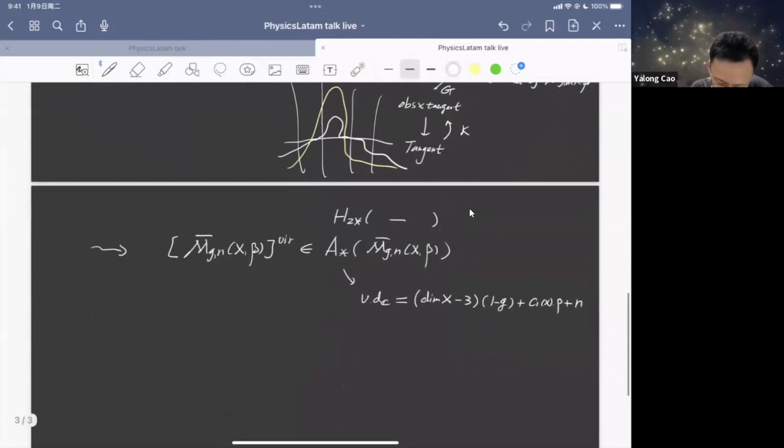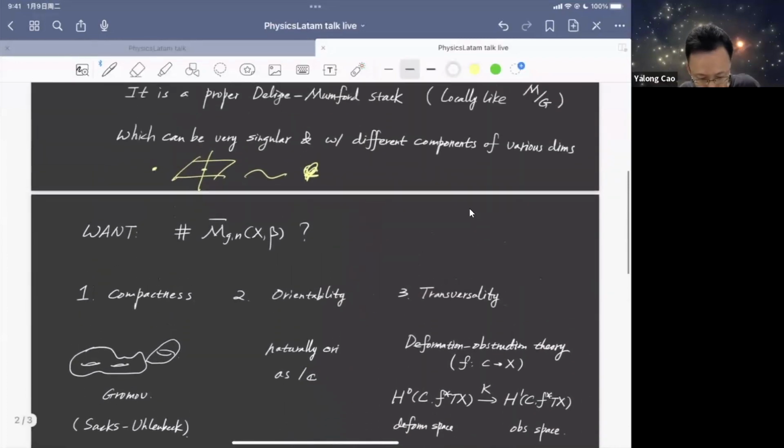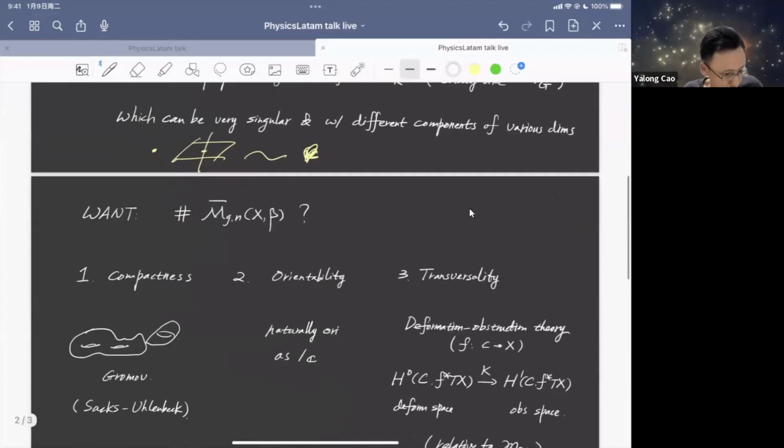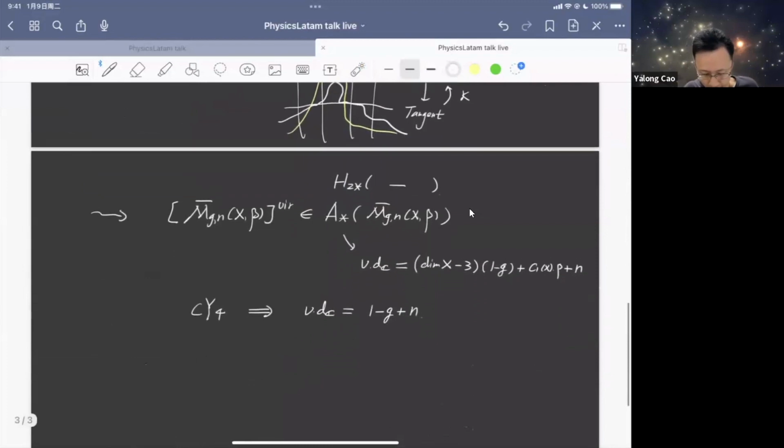Remember, our X is a Calabi-Yau fourfold, our interesting space. That implies the virtual dimension in this case is 1 minus g plus the number of points. So you see there's a genus dependence in the virtual dimension in the Calabi-Yau fourfold case, which is a different behavior compared to the more familiar Calabi-Yau threefold case.